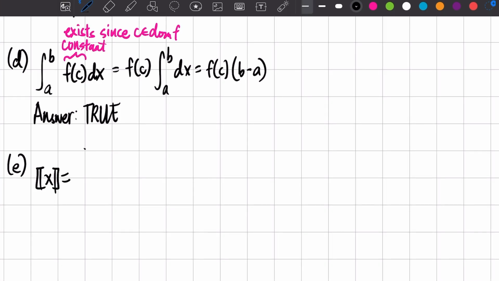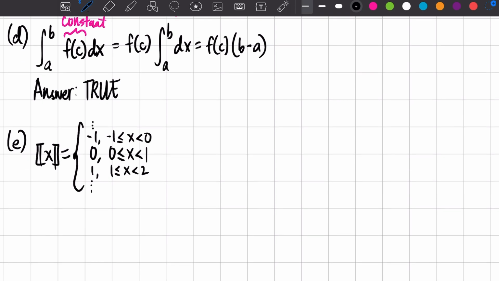Write it in its piecewise form. That it's 0 if 0 is less than or equal to x less than 1, 1 if 1 is less than or equal to x less than 2, so on and so forth. And here, negative 1 if negative 1 is less than or equal to x less than 0, so on and so forth.